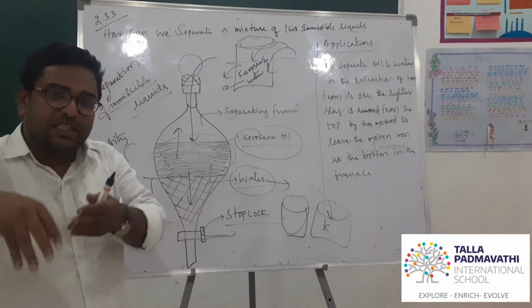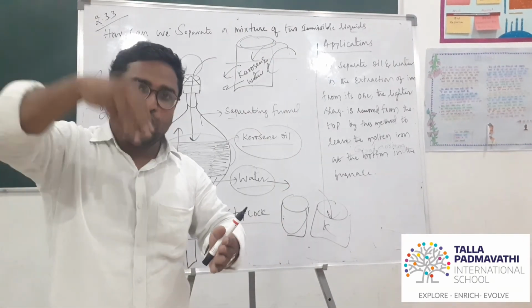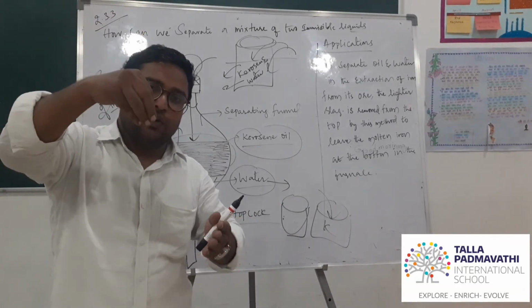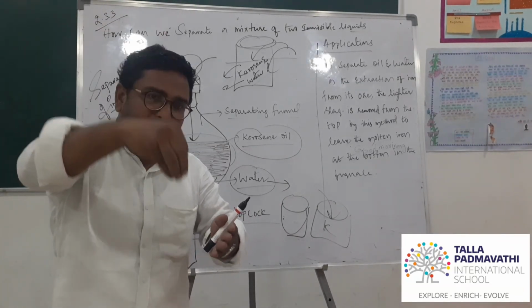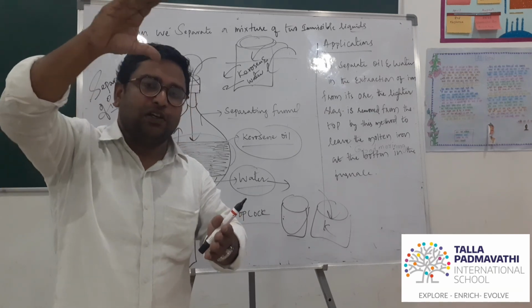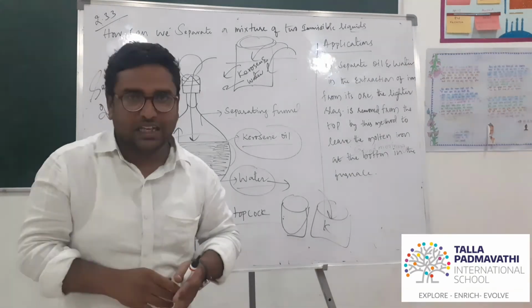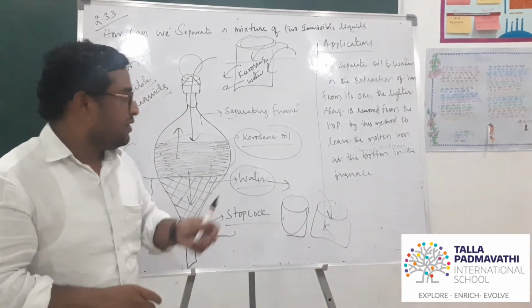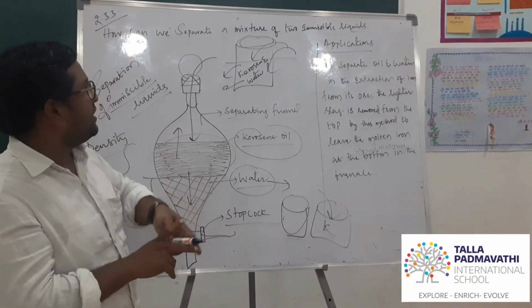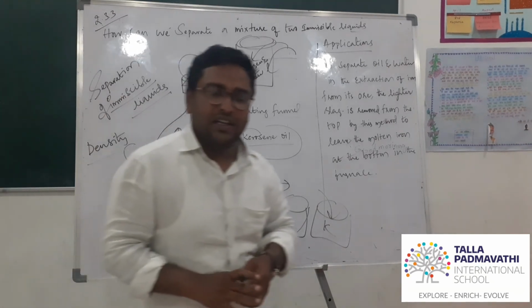By using this technique in the furnace, we pour the ore. Based on density only, the iron particles reach down from the molten, and the lighter particles are present on the surface of the furnace. This is the technique that we follow. The major importance of this technique is to separate two immiscible liquids.